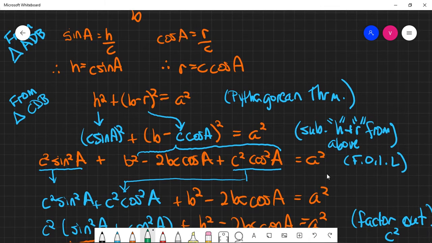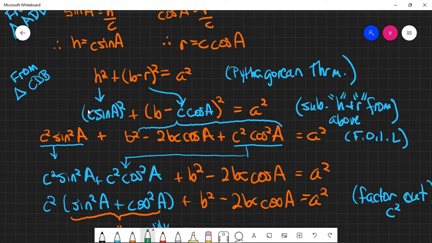Now this is just a giant FOIL. (b minus c cosine A) squared is (b minus c cosine A) times (b minus c cosine A), and if you FOIL that out, you get this right here. And then that just carries down.